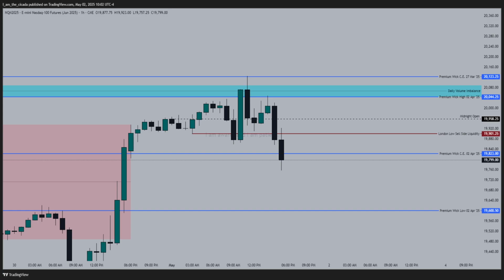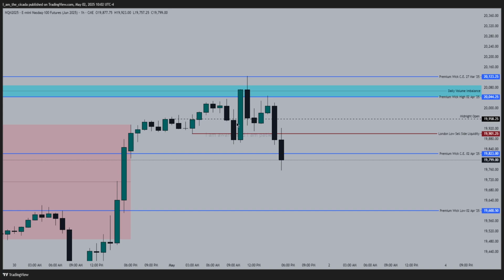And as you can see here, London sell-side liquidity, which is the 3 a.m. low, was formed. You can see it's a swing low pattern where the previous candle's low is higher than the second candle's low, and the third candle's low is also higher than the second candle's low. That gives us a swing low that we can denote as sell-side liquidity.